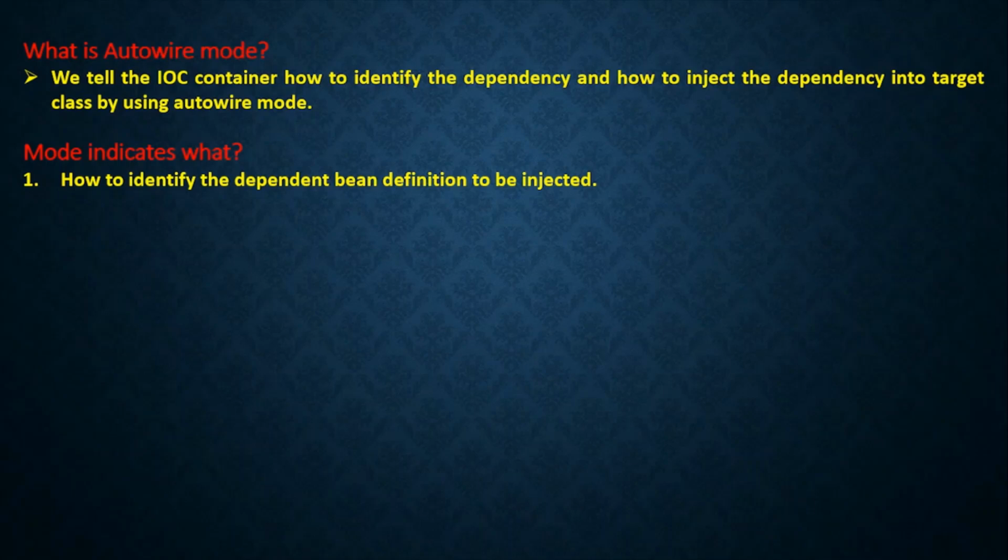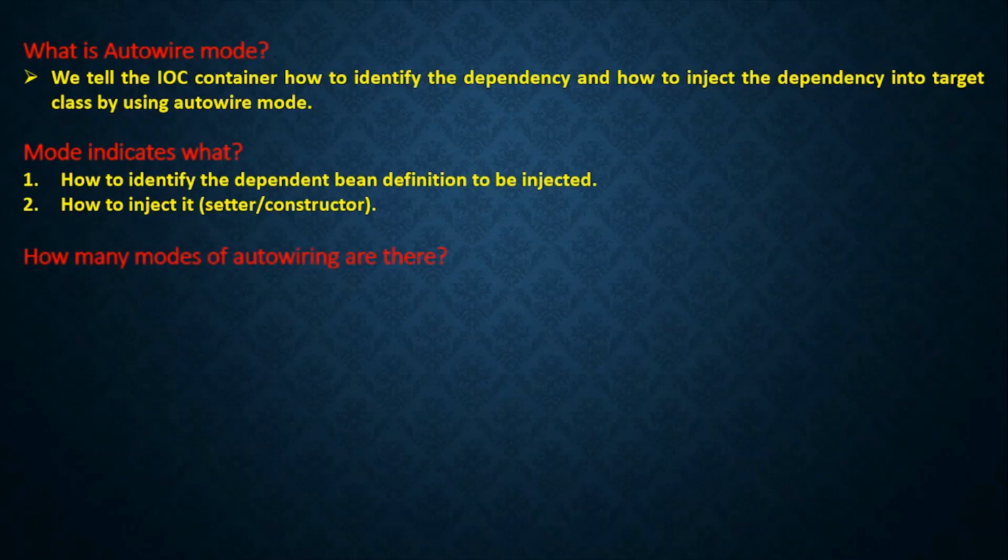So what does the mode indicate? I have already told there are several modes, and we provide one of them while injecting the beans. The mode indicates how to identify the dependent bean definition to be injected, and how to inject it, like by setter or constructor.